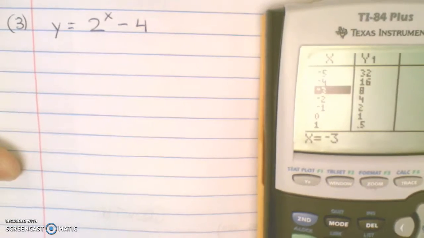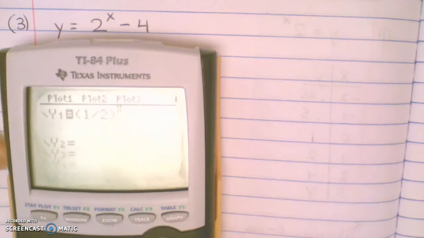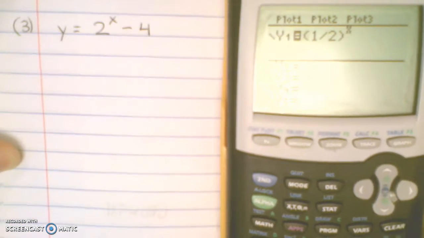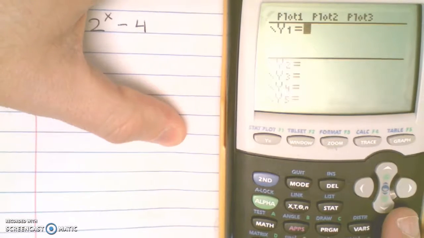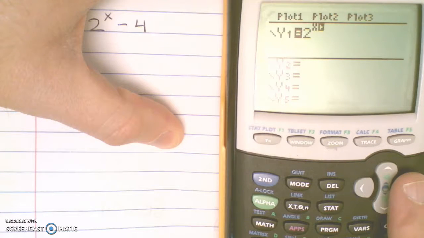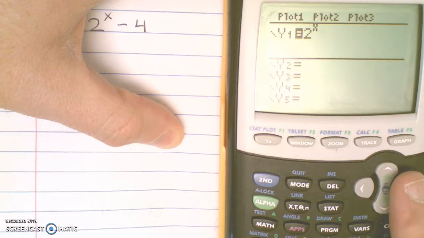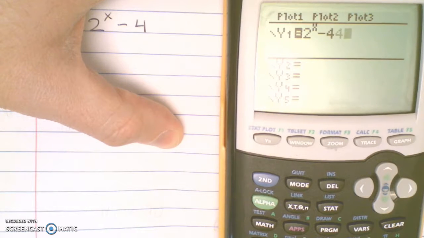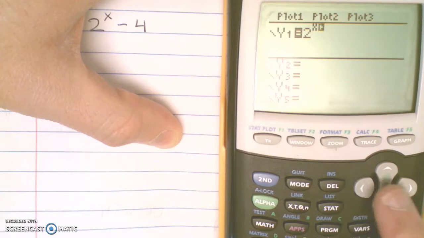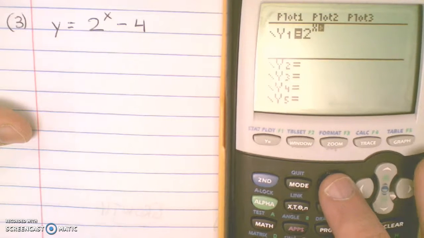So same idea, we're going to go to our calculators, hit y equals, clear out whatever's in there, and type in. Now be careful, here's the piece, you got to make sure you're not in the exponent, so you got to shift down to the right. See how I shifted there? By hitting the right key, -4. This is what the equation is asking. It's not asking this. So make sure you notice the difference there.